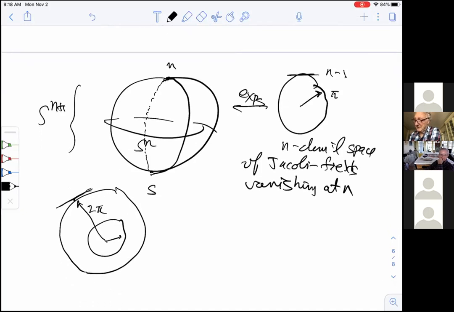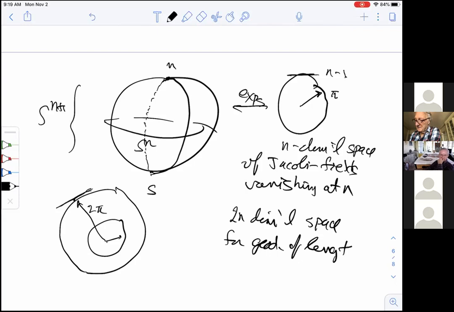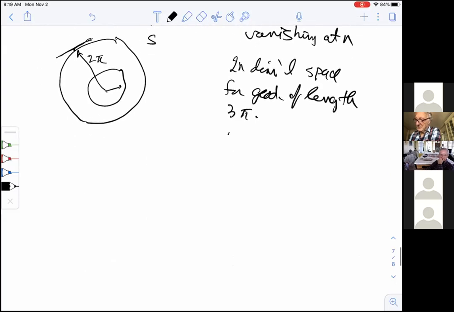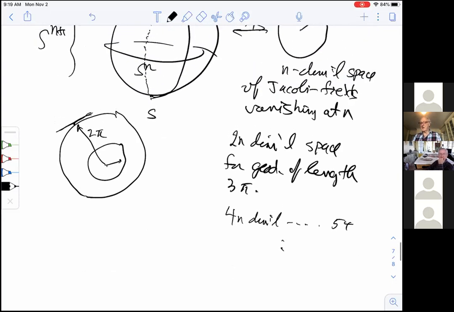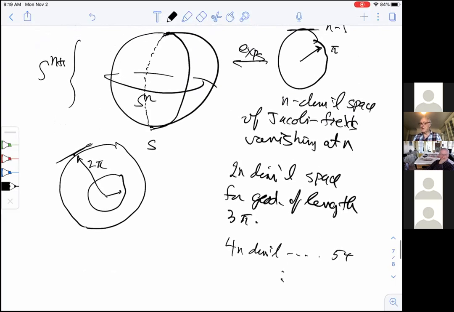So those geodesics give you a 2n-dimensional space for geodesics of length 3 pi, and so on. Then you'd have a 4n-dimensional space for geodesics of length 5 pi, and so forth. So all the other critical points have index at least 2n.